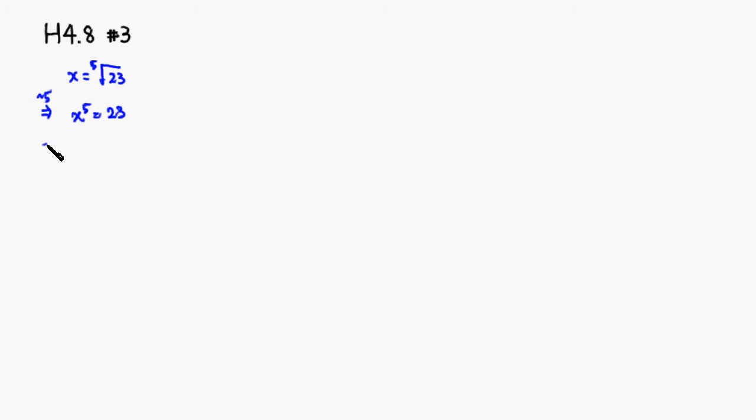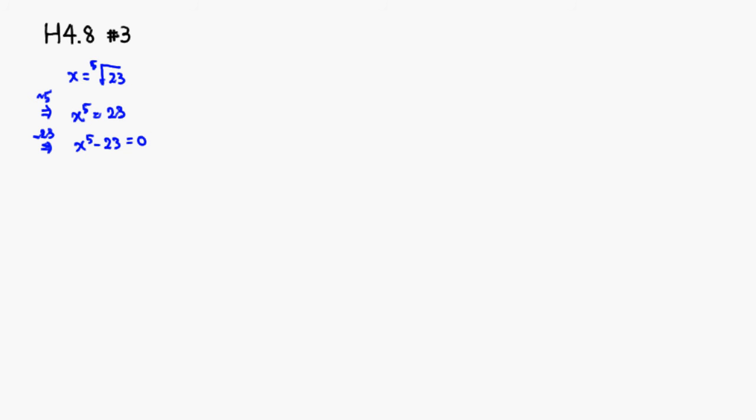Then we subtract 23 from both sides, so we get x to the fifth minus 23 is equal to 0.